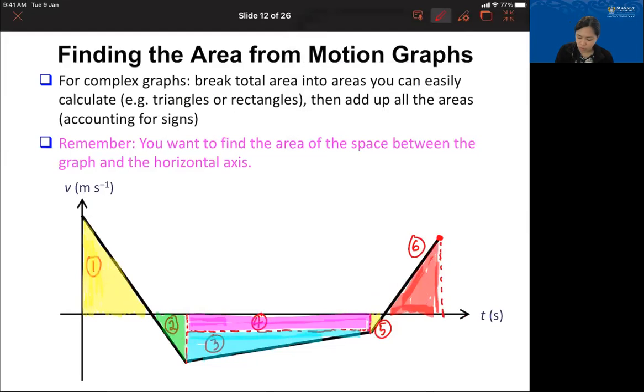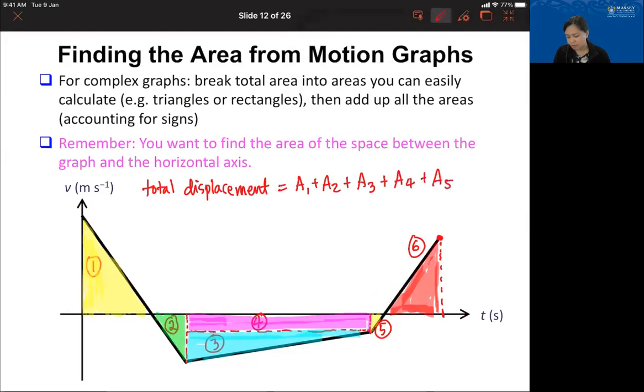So then the total displacement of your object will then be equal to the area of the first shaded portion plus the area of the second shaded portion plus area 3 plus area 4 plus area 5 plus area 6.